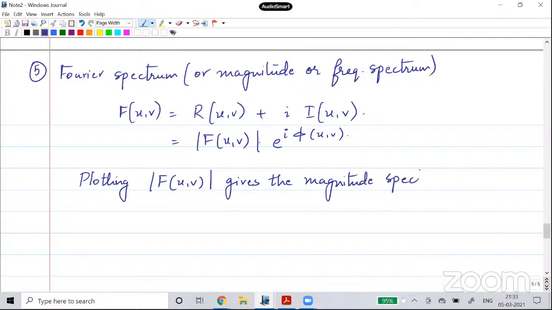I think I said this already last time, somebody asked me how this is plotted. It is plotted in 2D simply by taking (u,v) and at the position (u,v), you plot |F(u,v)|. So if this position is (u0, v0), then at this position the value of |F(u0,v0)| is plotted.